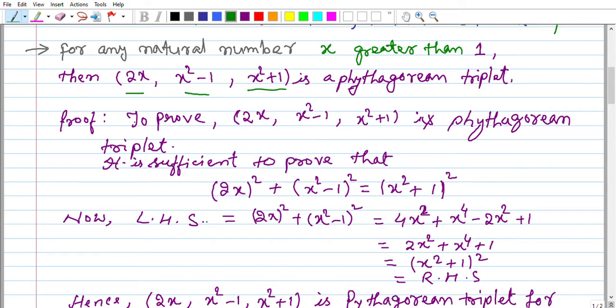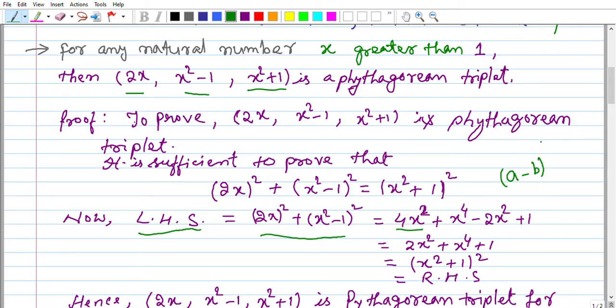So take, as you have done in class 7, LHS and RHS, you know very well, dear learners. Take the left hand side: (2x) whole square plus (x square minus 1) whole square. After solving it, (2x) whole square becomes 4x square, and for (x square minus 1) whole square, you know that identity, today all are very active.